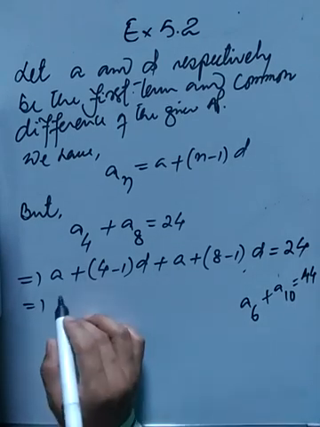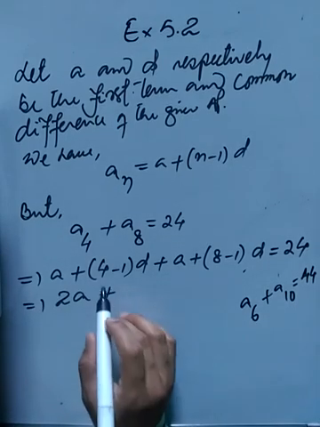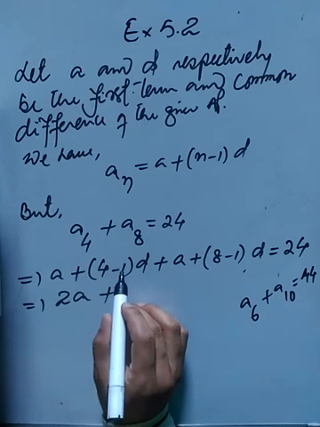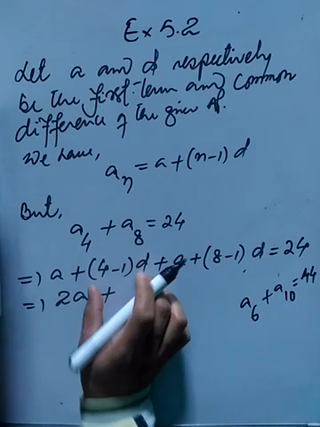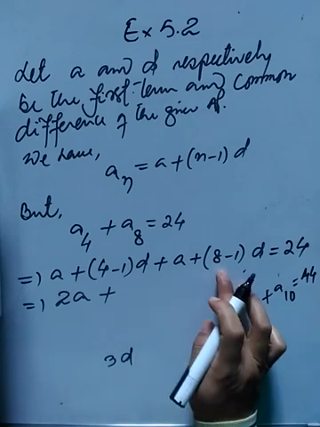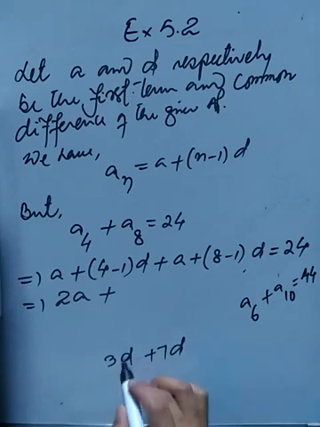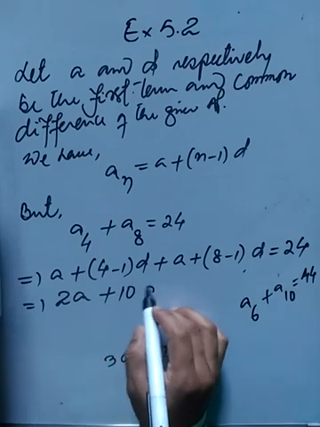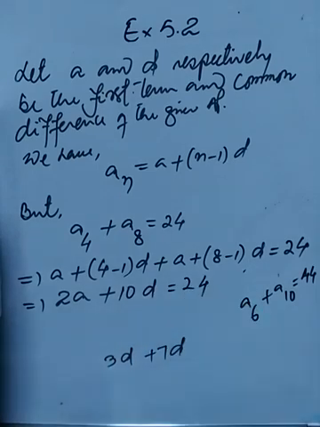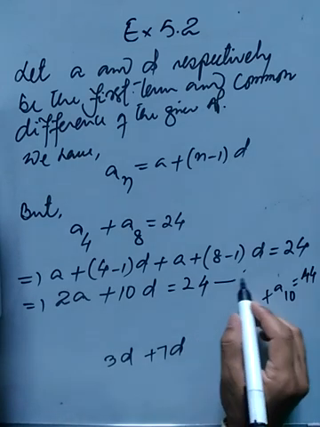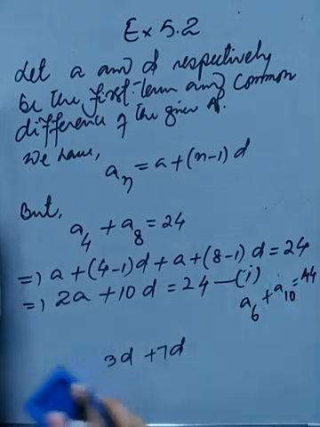So a plus a gives twice a. From 4 minus 1, 3d, thrice d, and from 8 minus 1, 7d. If you add this, I'm sure you'll get 10d. Then we get 24. So this is equation number 1.